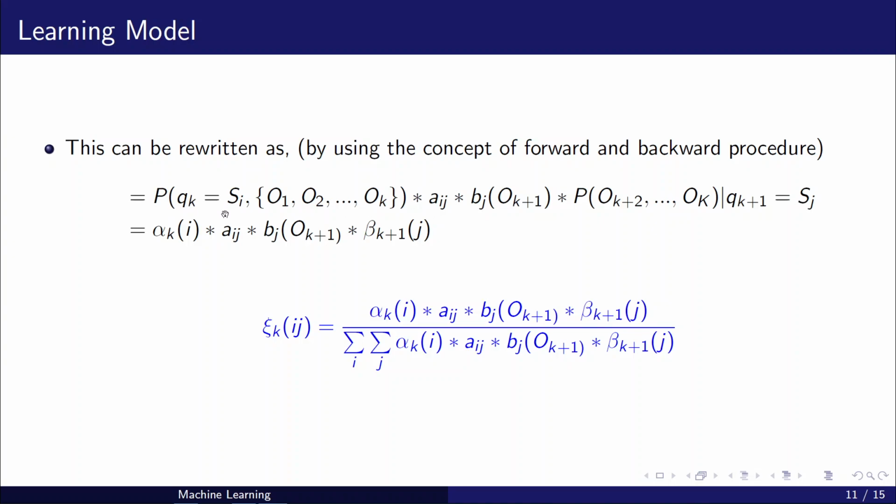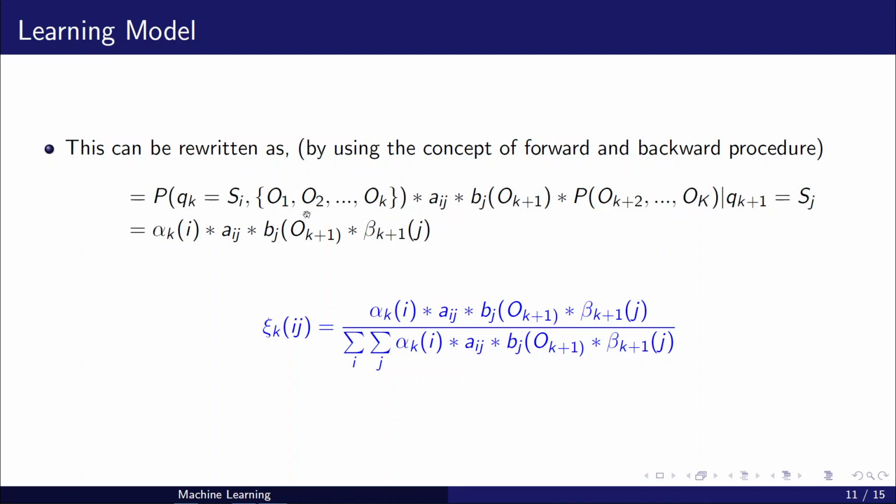At time k you are at state Si and you have seen the observation sequence up to some middle, that is O1, O2, etc., up to Ok, and you have found Ok plus 1 at the next position.